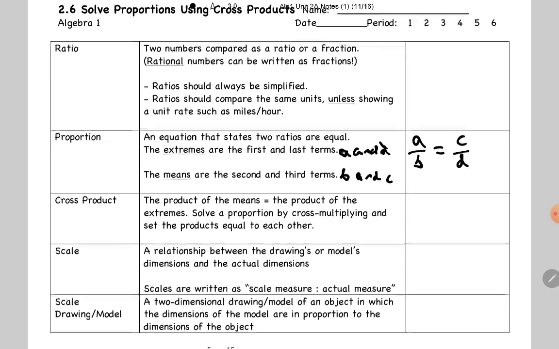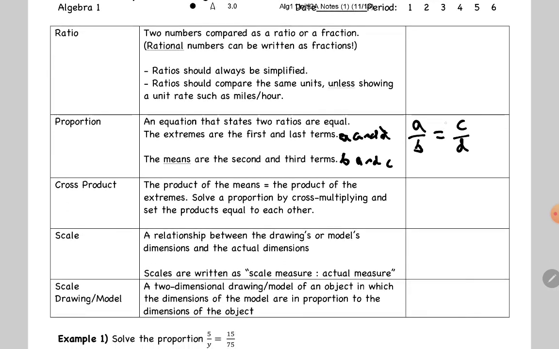Cross product is whenever we have a ratio equaling a ratio, we're allowed to take our diagonals and multiply them together, thus making a cross and becoming a product, cross product.